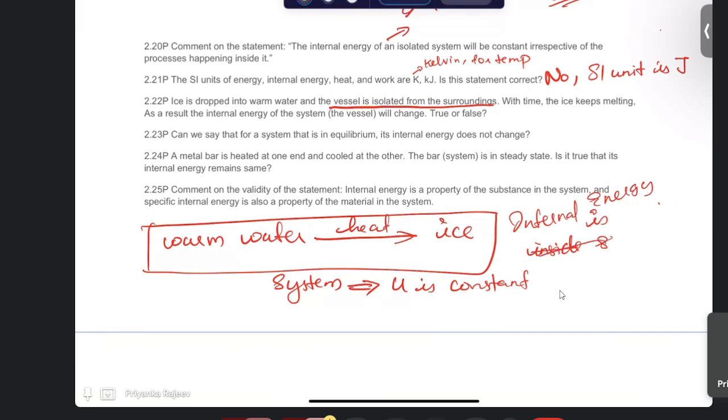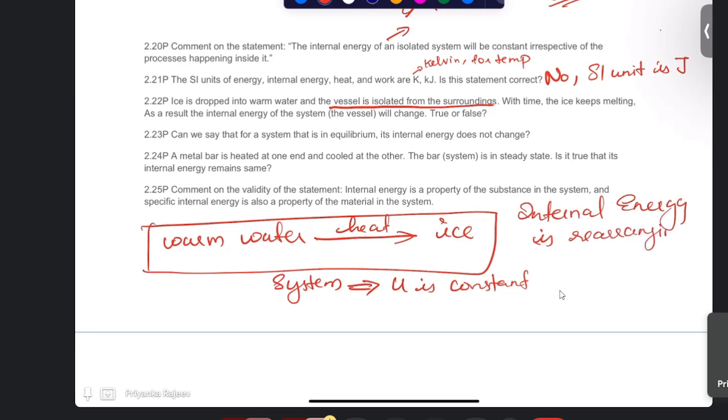Internal energy is rearranging inside the system itself. But it is not changing, it is constant only. So the statement that the internal energy of the system will change is false.